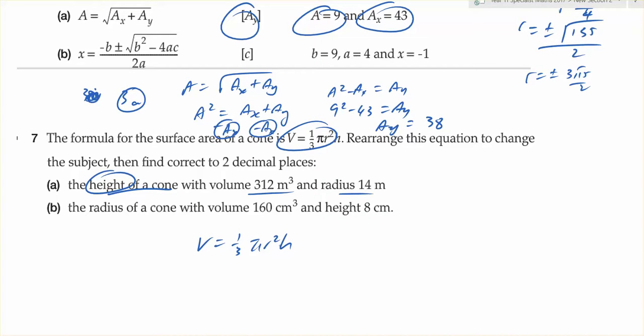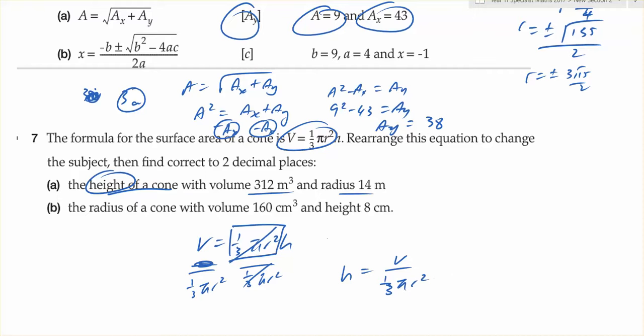Essentially the height is times all this blob, so I can divide both sides by a third pi r squared. That goes away, so I'm left with height equals V on a third pi r squared.